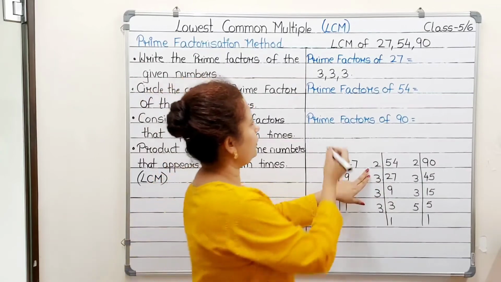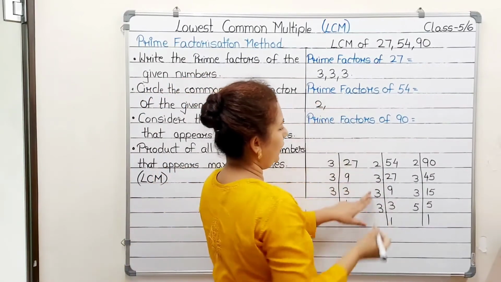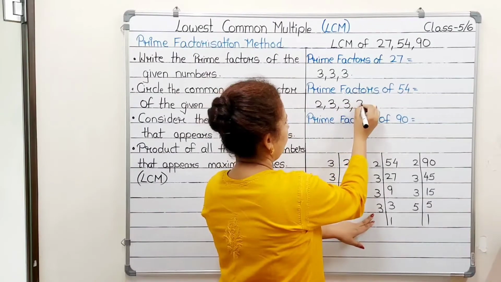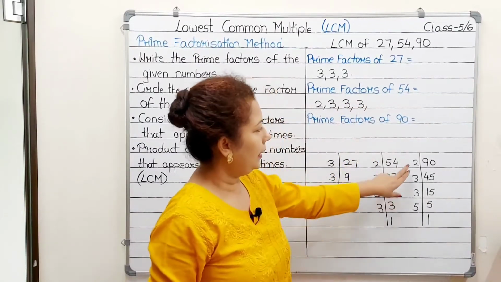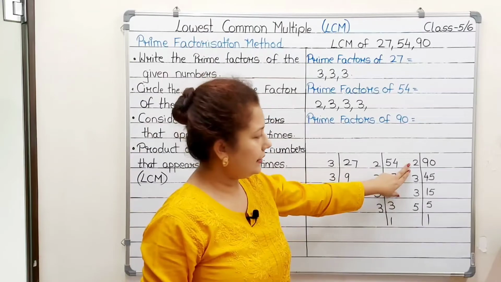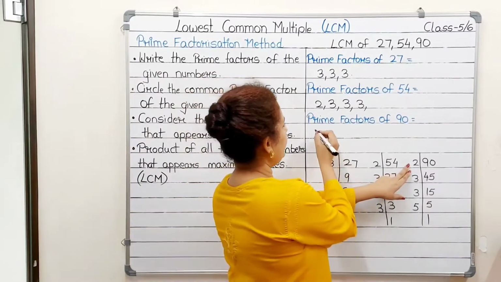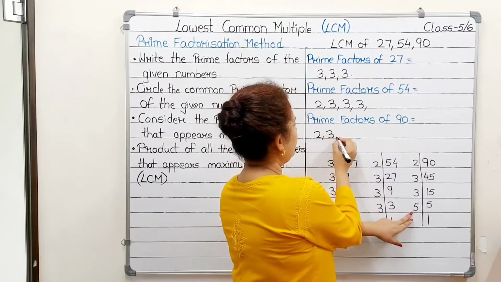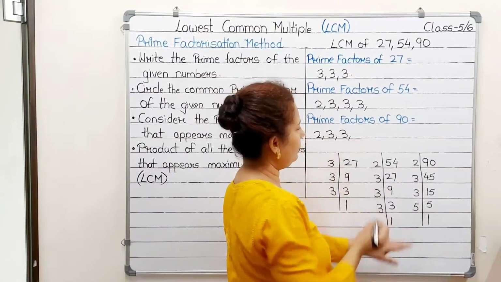Prime factors of 54 are 2 and 3 times 3 times 3. Next is 90. Prime factors of 90 are 2, 3 two times and 5 one time.